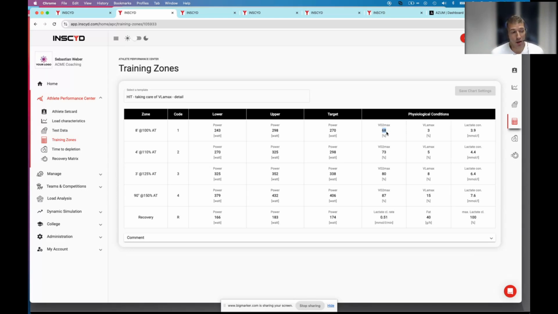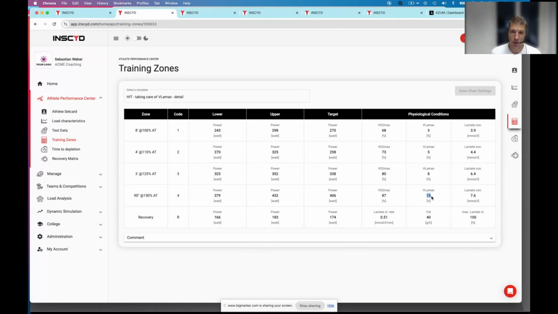So you could say, hey, I just want a very, very high utilization of my VO2 max. So let me jump to 90 seconds, 150% here. Let me jump to the highest power output in this case. That would be intervals of 400 to 410 watts for approximately 90 seconds. You do get a higher VO2 max percentage, but what you get also is a higher trigger, a higher utilization of VLamax.